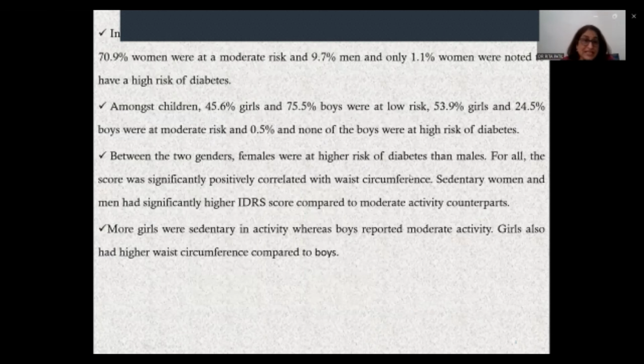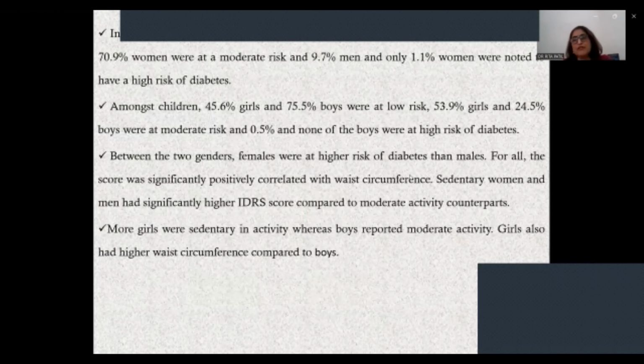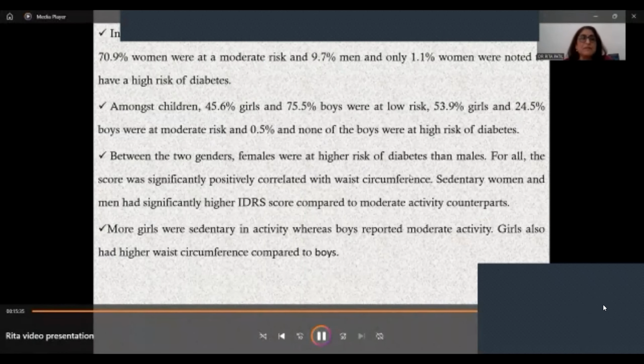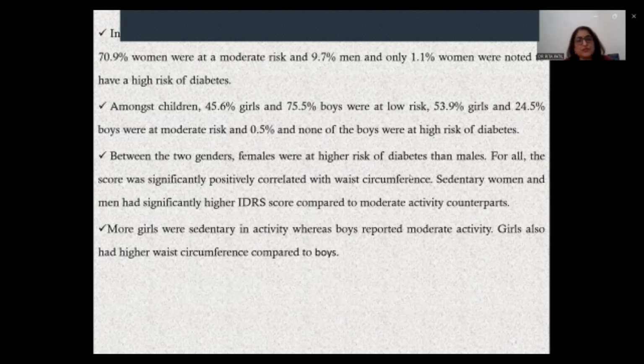So in this study, we found 27.1% men and 28% women at low risk, 48.9% men and 70.9% women at moderate risk, and 9.7% men and 1.1% women at high risk of diabetes. Among children, 45% girls and 75% boys were at low risk, 53.9% girls and 24.5% boys at moderate risk, and 0.5% girls and none of the boys at high risk of diabetes.